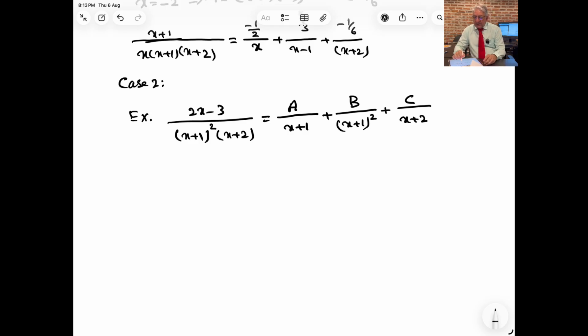Now you can see that you have a factor of (x plus 1) and a factor of (x plus 1) square. So the common denominator will be this. So you have to write a over (x plus 1) and b over (x plus 1) square and go on like that.